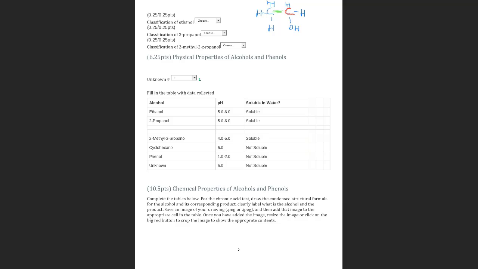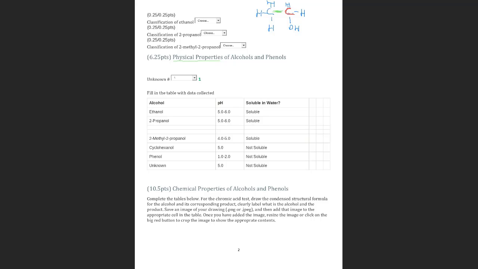The next thing you are asked to do in the report is 2 experiments to test the physical properties of alcohols and phenols. What does that mean? You are going to test the solubility and the pH of different alcohols. Let's start first with the pH.